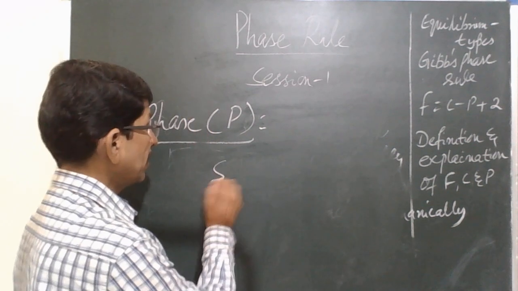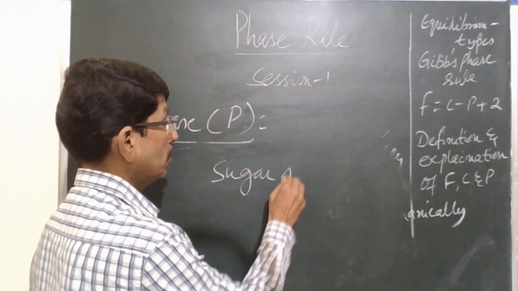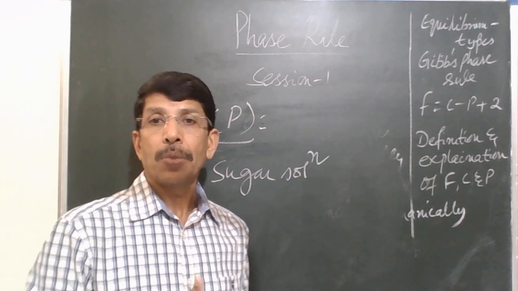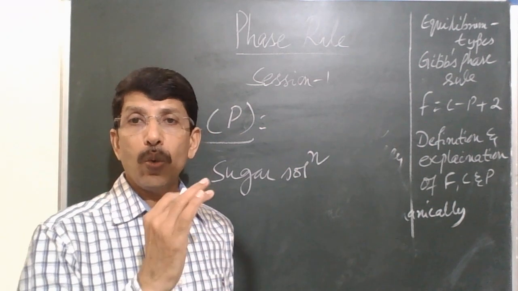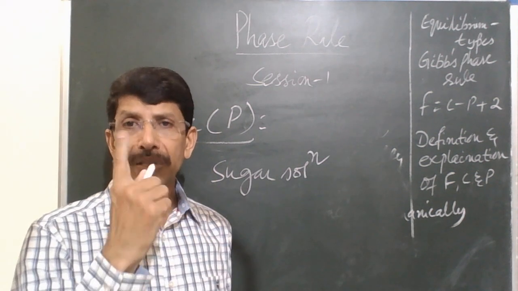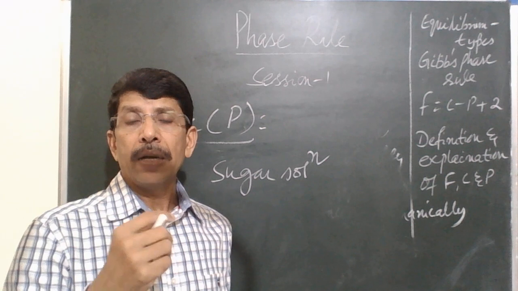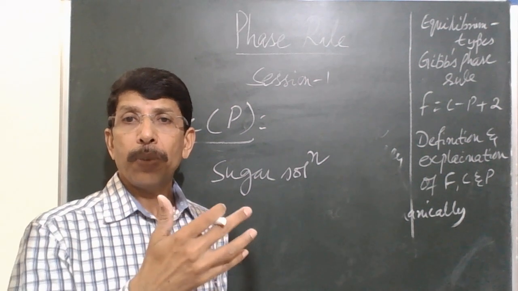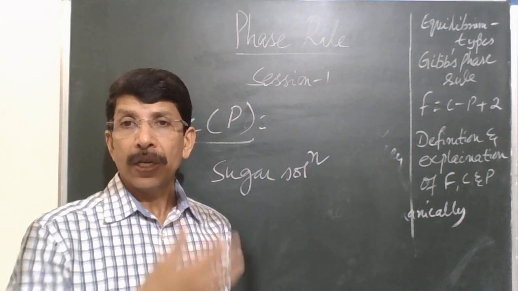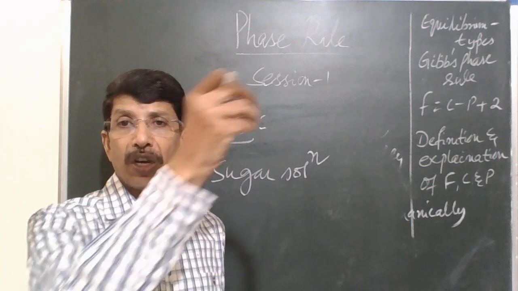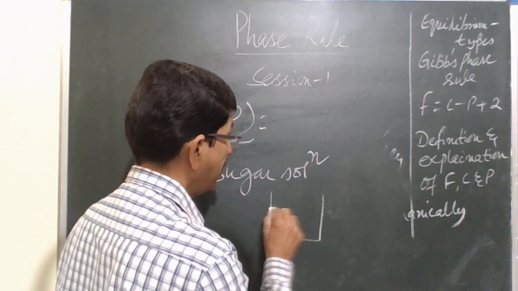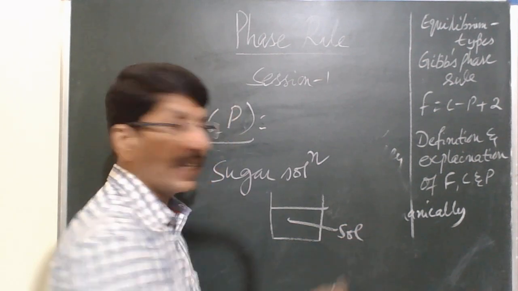For example, if you consider sugar solution, sugar dissolved in water. So this is a homogeneous system. There is a single phase. And what is a homogeneous system? The properties of the system throughout will be the same. In a homogeneous system, in whichever part you measure any property, the property will have the same magnitude.